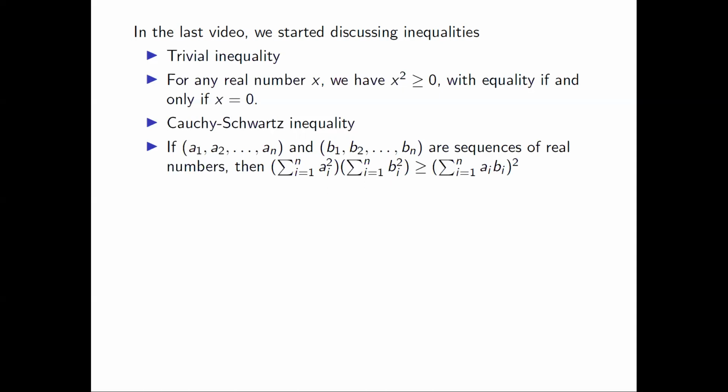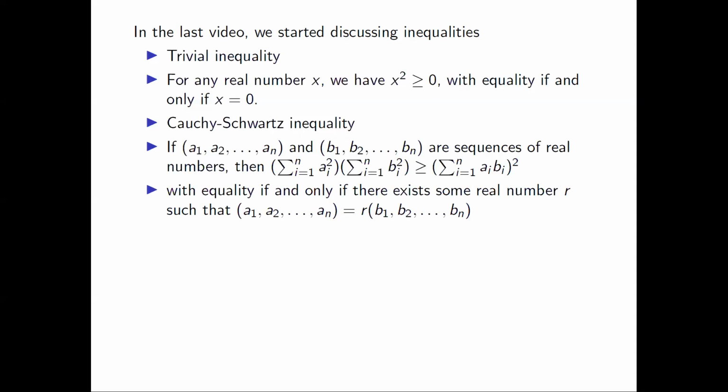So we proved that using the trivial inequality. And we get equality for the Cauchy-Schwarz inequality if and only if there exists some real number r such that the sequence a1, a2 up to an is equal to r times the sequence b1, b2 up to bn. Another way to say that is that the vectors u and v are parallel to each other.